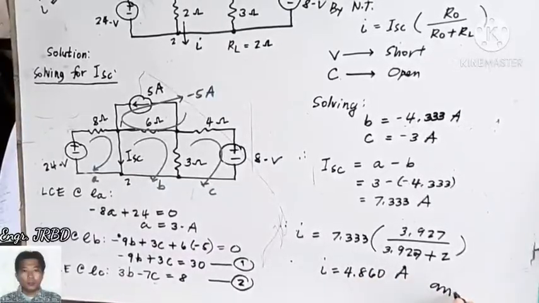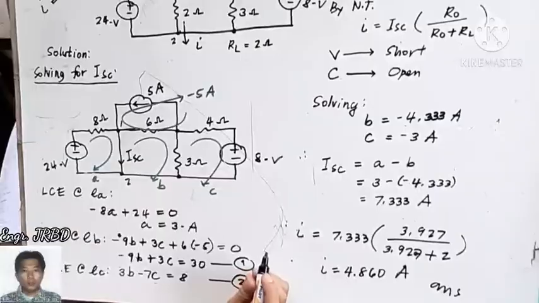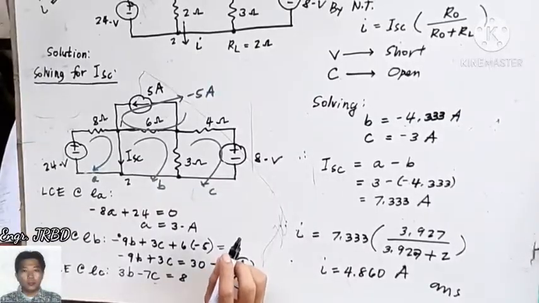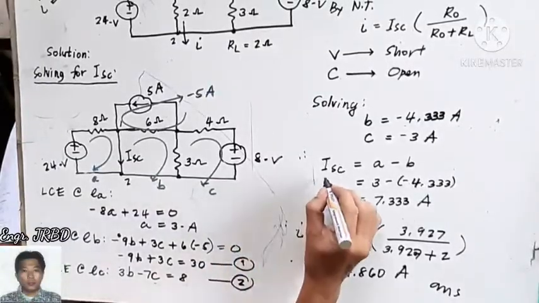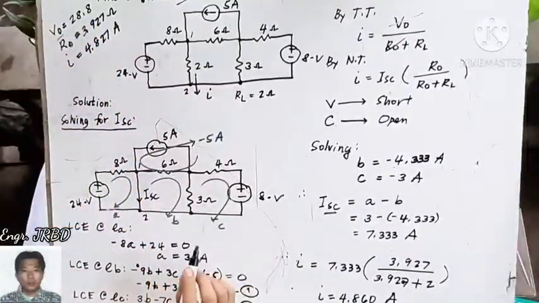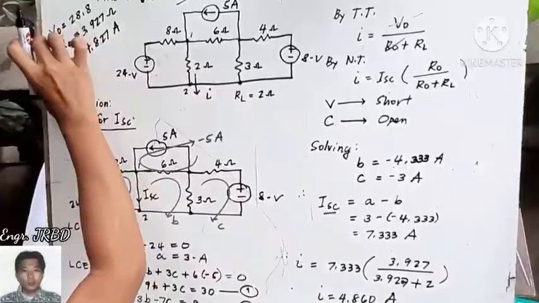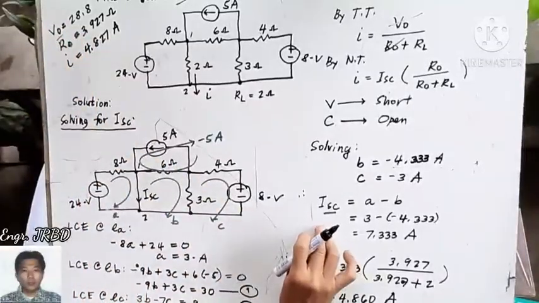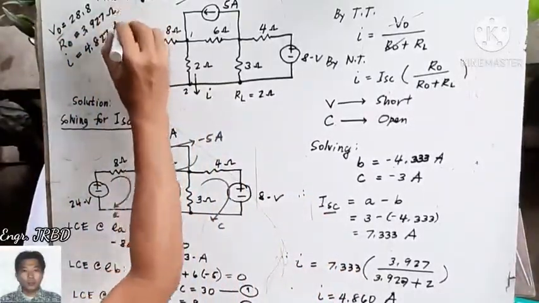Pareho lang. Now, another quick check on how you can validate your short circuit current together with your open circuit voltage is this. If you try to find the ratio of the open circuit voltage to the short circuit current, you will see that it is equivalent to R sub O.